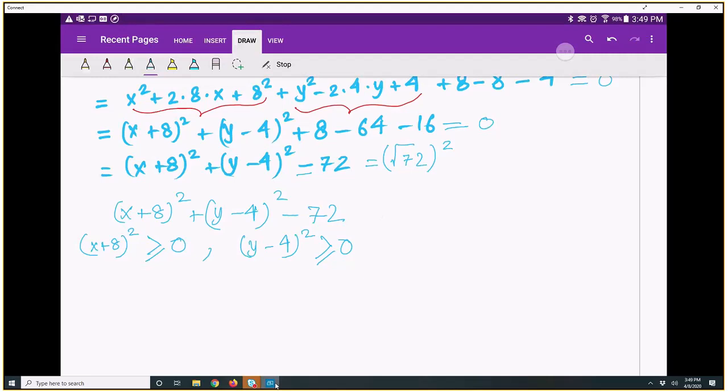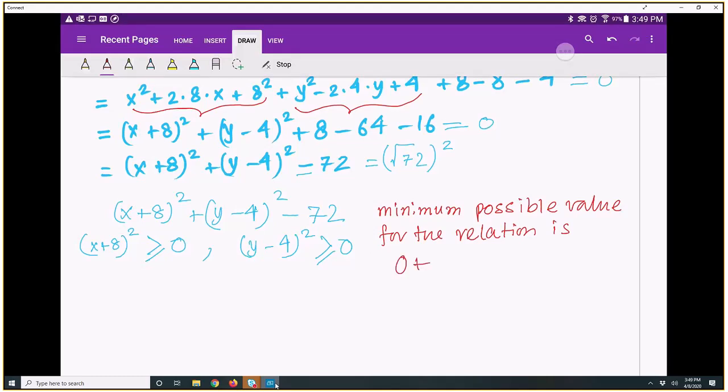So what is the minimum possible value for your function? The minimum possible value for this given relationship is the minimum possible value for x plus 8 whole squared, which is 0, plus the minimum possible value for y minus 4 whole squared, which is 0, minus 72, and that is equal to negative 72. And where does it happen?